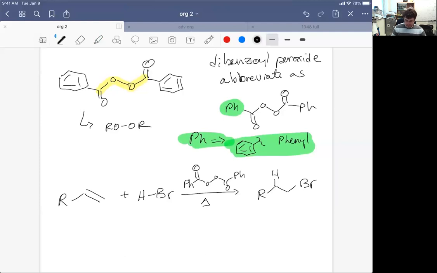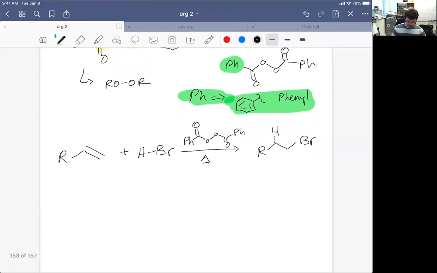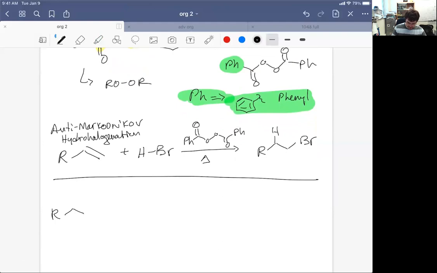Okay, now what I want to do is a similar experiment to this and ask the question, what is the outcome? That is, if this is anti-Markovnikov hydrohalogenation, what if I take the same starting material and apply it to the same conditions, where I've got my dibenzoyl peroxide, but here's a change I want to make to the reaction conditions.